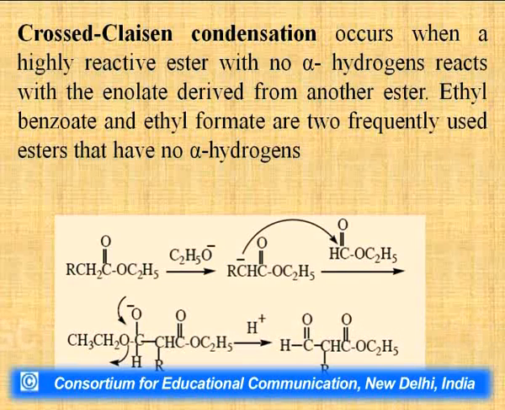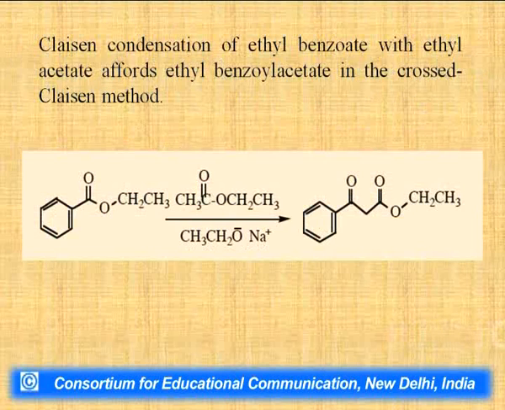Here again there is abstraction of the alpha proton, then this carbanion attacks the other ester to form an intermediate, followed by hydrolysis. You will get the product, a beta keto ester. Claisen condensation of ethyl benzoate with ethyl acetate affords ethyl benzoyl acetate in the crossed Claisen method.